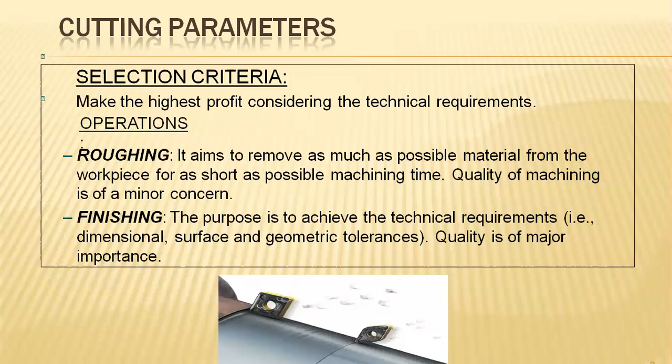Coming to the operations, we will chase the different kinds of operations one by one. The first one is roughing. Roughing is a technique used for removing as much material as possible from the workpiece at a maximum MRR rate.